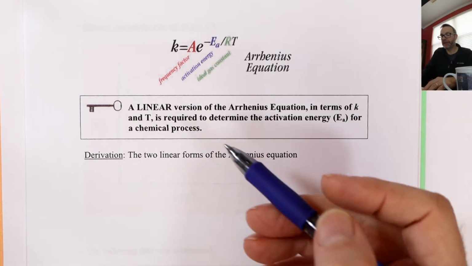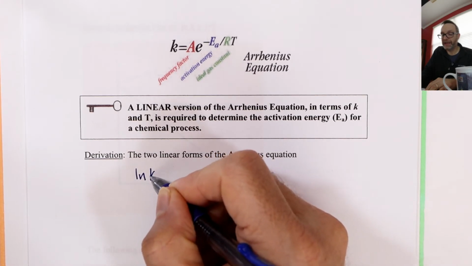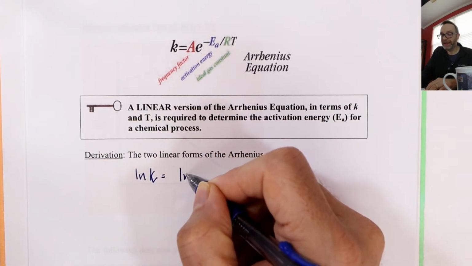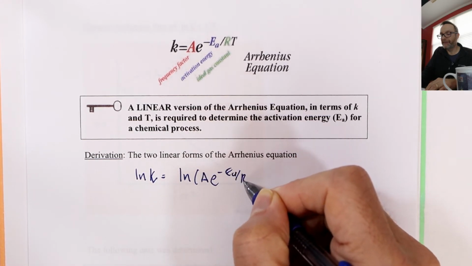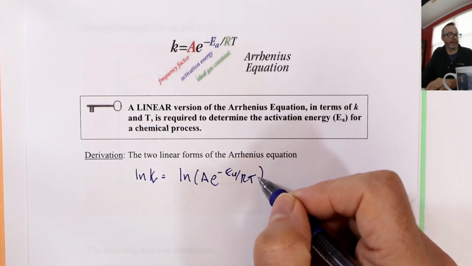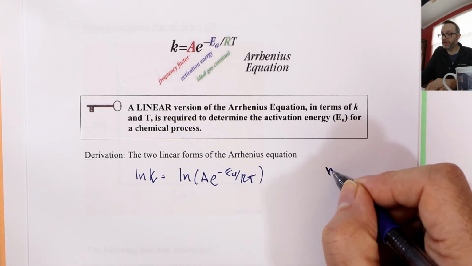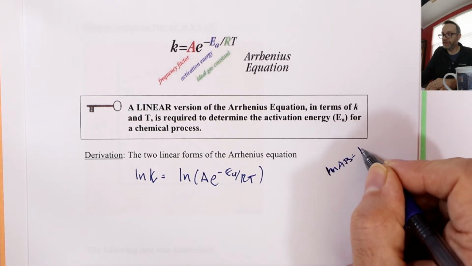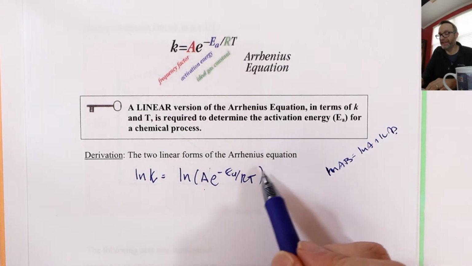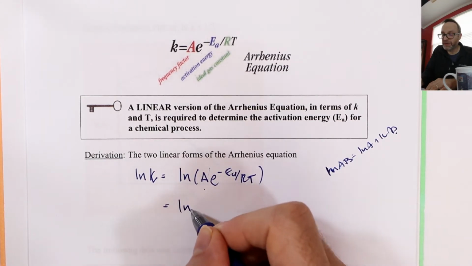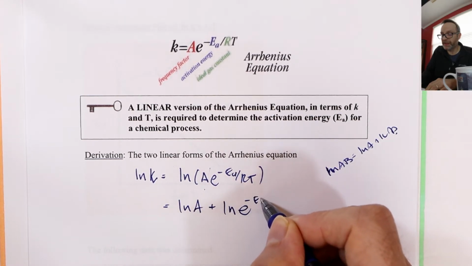So all I'm going to do is take natural log of both sides. So ln k equals ln, I'll put it all in brackets to start. That equals, now remember, log of AB equals log A plus log B. That equals natural log of A plus natural log of e to the minus EA over RT.